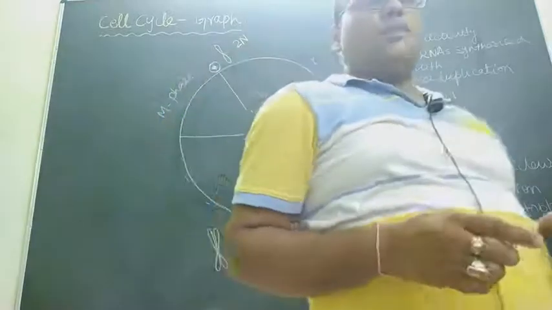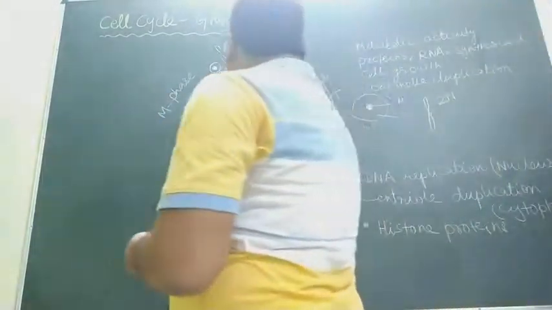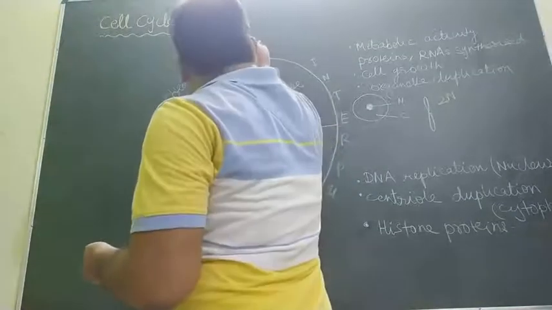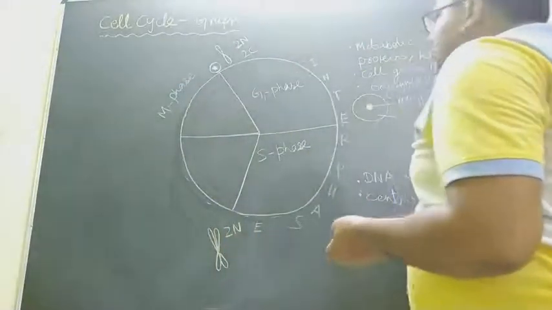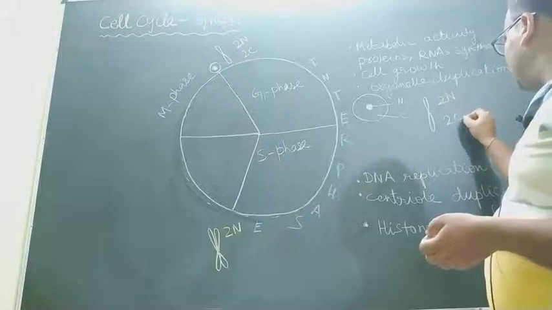But when we talk about the amount of DNA, let us see what happens. Initially, if we represent total DNA content as 2C, then after completion of G1 phase, it is also 2C.